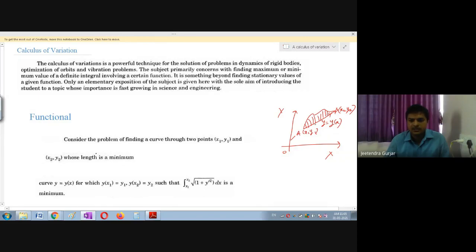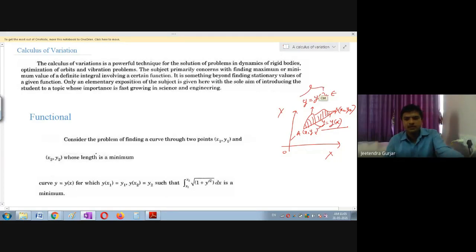This is the minima and this is where you are going to get the maxima. So here the function will be different, and here we have taken y is equal to y of x. Here you can take the function as y is equal to y of x plus some extra part, right? From A to B, this function is minimum, so the minimum must be there.